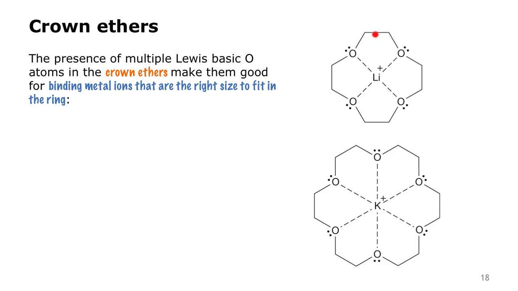For instance, the 12-crown-4 was invented because a lithium ion will sit very nicely between those 4 oxygen atoms, and it will form a very tight complex such that the crown ether is basically going to hold on to that lithium and not let it go. The larger crown ether holds on to potassium, and there are other crown ethers designed to fit other metal ions quite strongly.